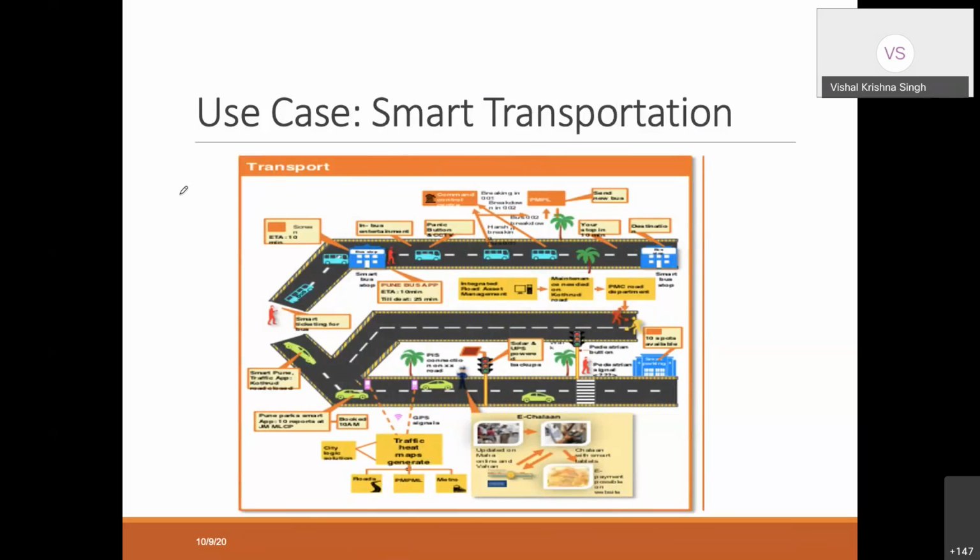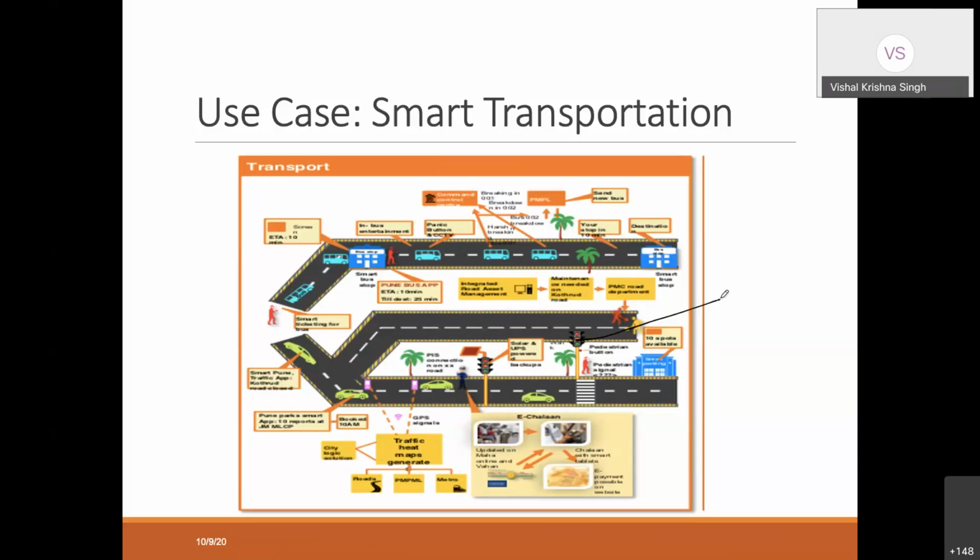So, smart transportation is a transportation system which is capable of providing certain facts and figures, such as the tracking of the health of the vehicle, the tracking of the status of the vehicle, the tracking of the road conditions, the traffic lights which are involved.